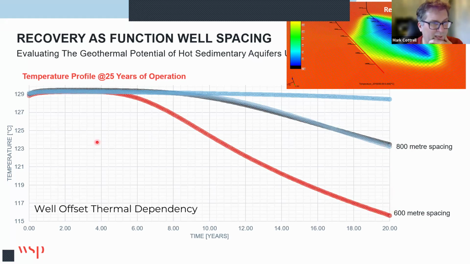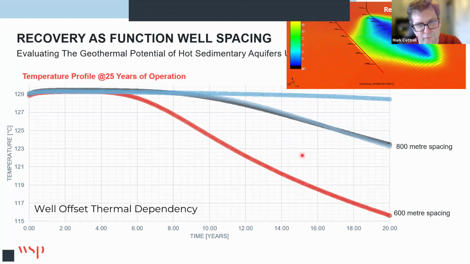Now, we may argue it's less than 10 degrees different. That can actually play quite a significant role, especially because your production rate may be constant. So, we need to be able to optimize the well spacing such that we get both the temperature and the achievable flow rates out of the system.